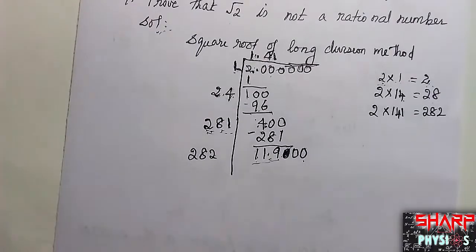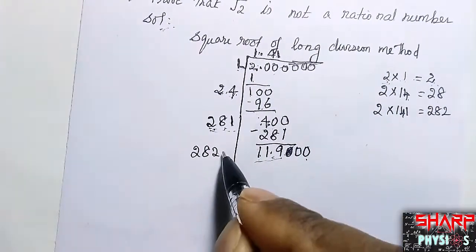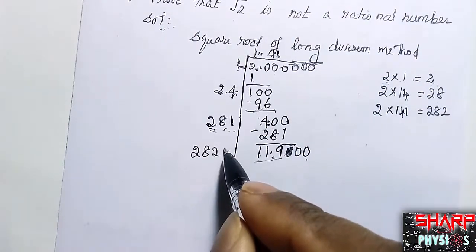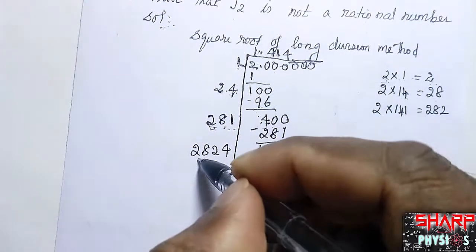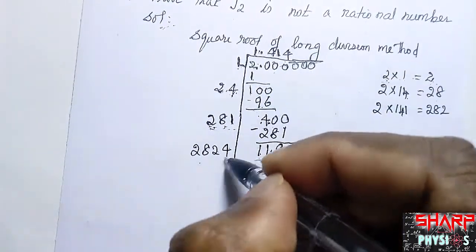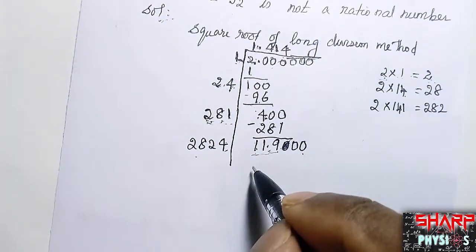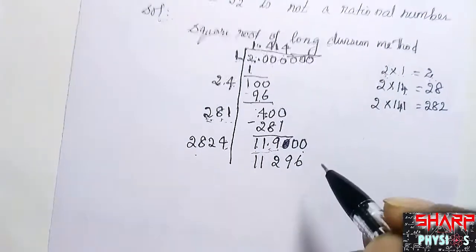If you use 3, it comes very much less. If you use 4 here, you have to use 4 here. When you multiply this 4 with this number, we get 11296.